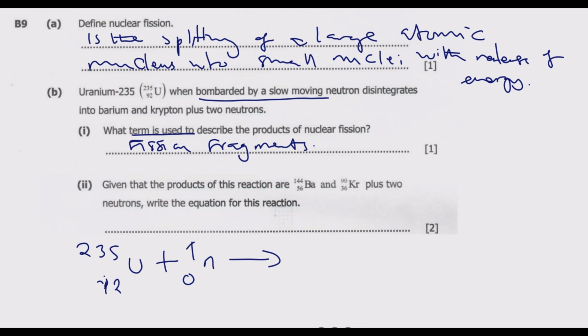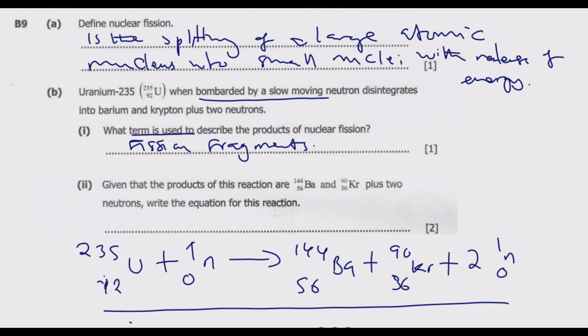Then we end up with barium 144, then 56, plus krypton 90, then 36 as the atomic number, plus 2 neutrons like this. This will be the equation.